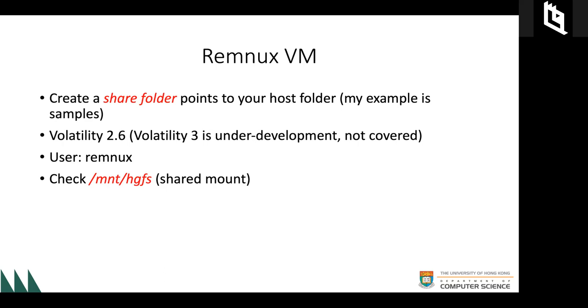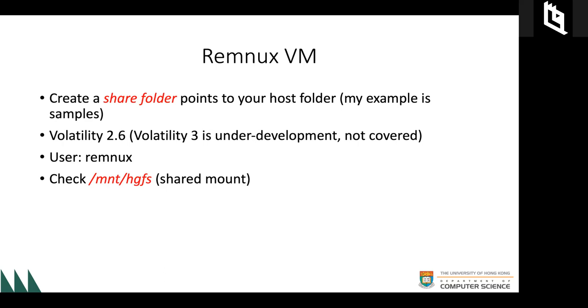In my example, I named this folder on my host machine samples. Then we are using the Volatility tool 2.6, which has been installed inside the REMnux machine for you. Actually, Volatility 3 is coming out, but it is still under heavy development.